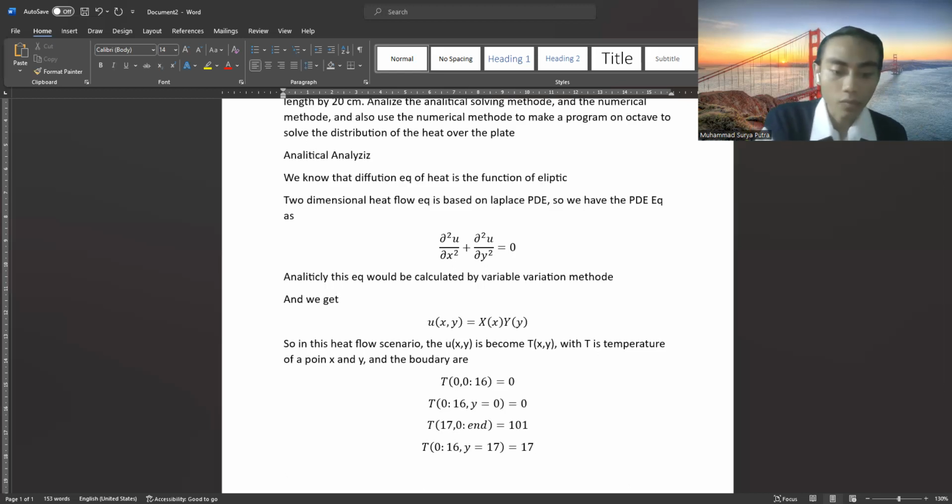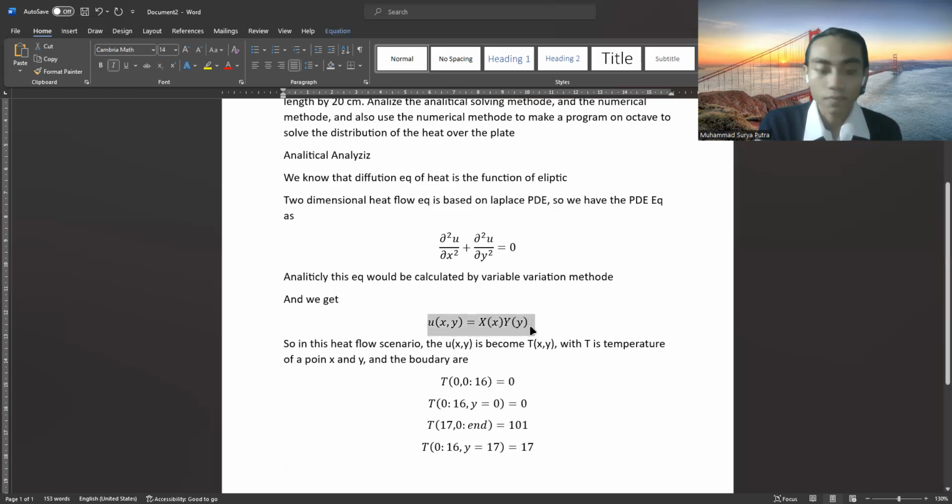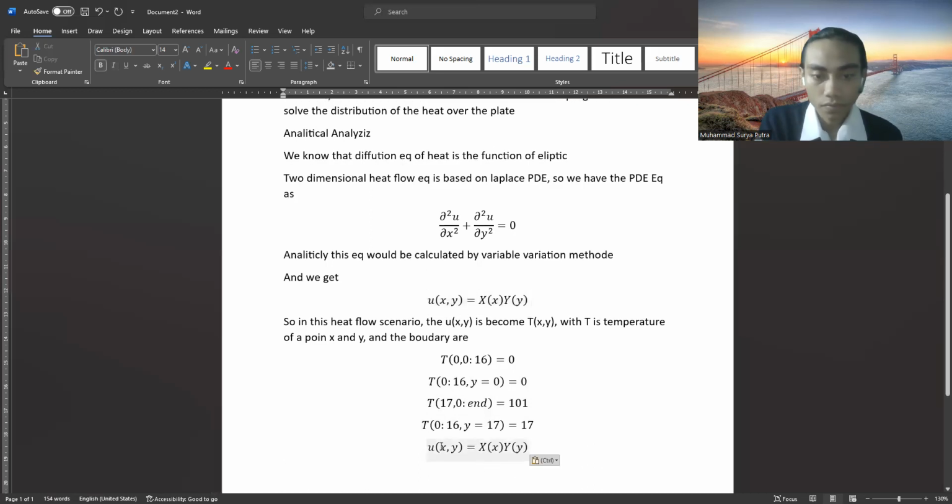And because of that, we knew this is ST E. So we all know that this is a differential equation. So we're gonna make it as a differential equation.